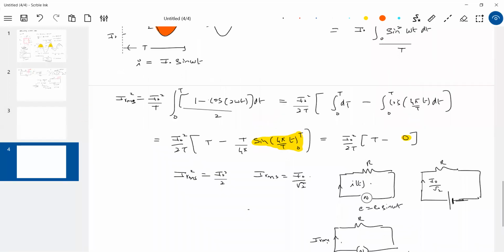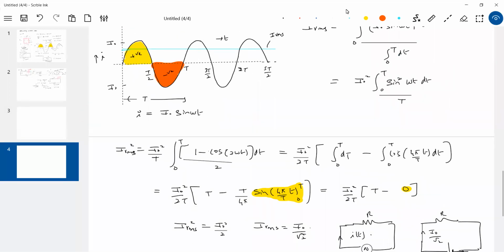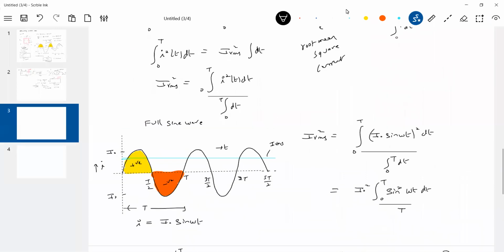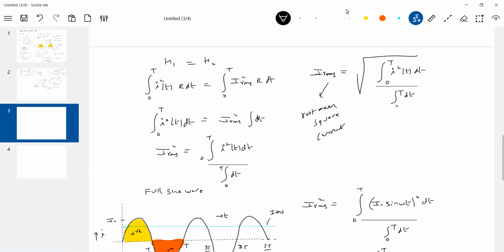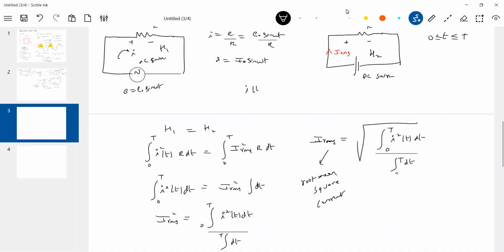So I'll write it very clearly. I of t, I naught R, cannot be measured practically.